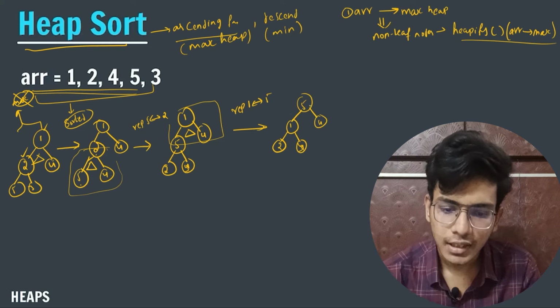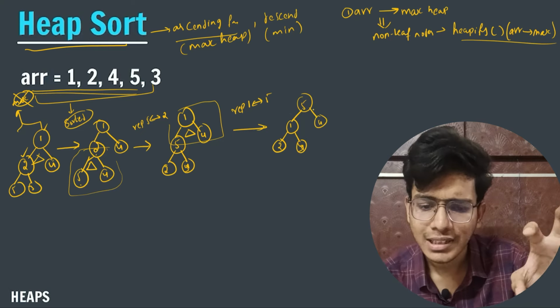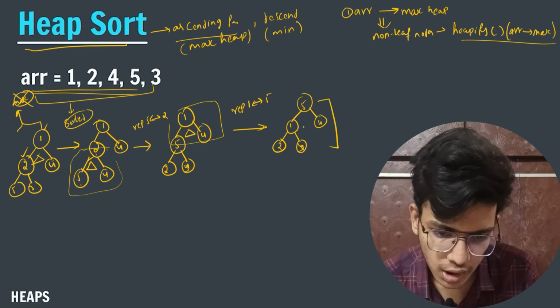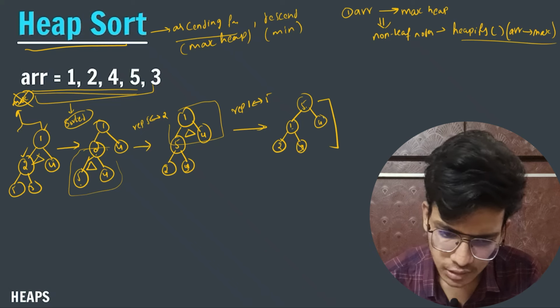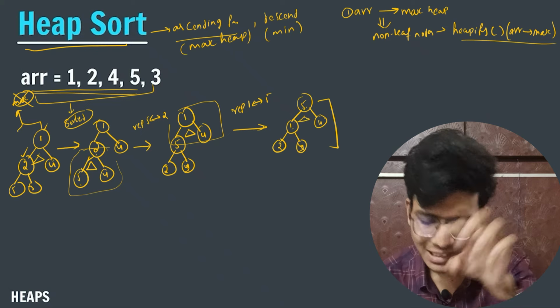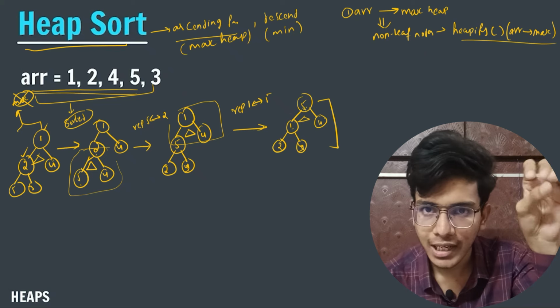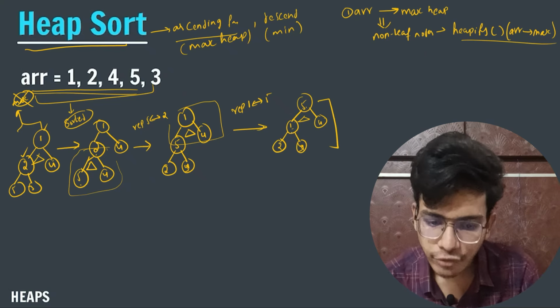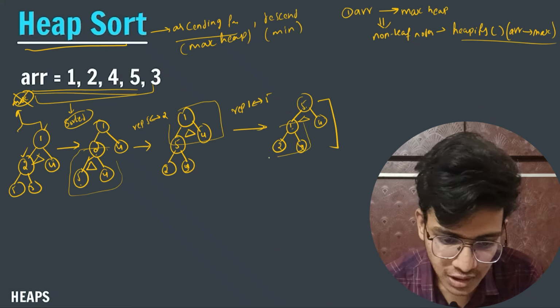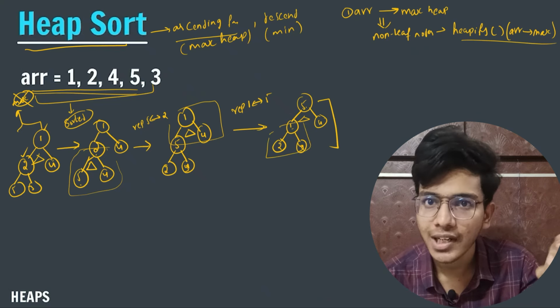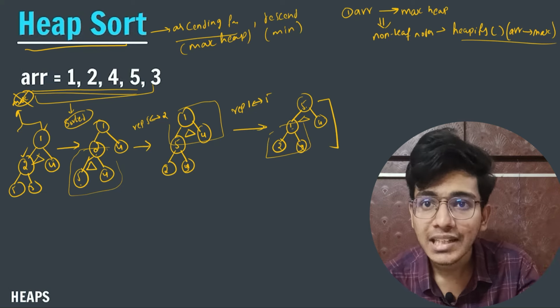Now you can see that here I will check again whether the condition of heap is satisfied or not. If you observe this structure, the parent, the main root, and the left child and right child are satisfied. It means that the parent value is greater than the children. But if you observe this, the parent value is less than the child value, it means that it is not following the property of max heap.